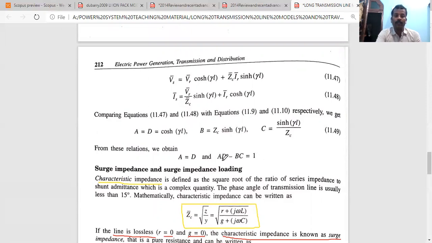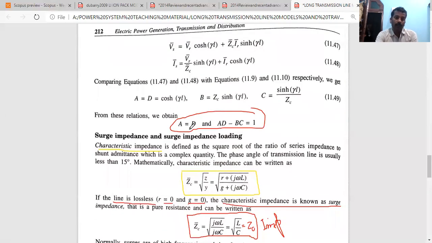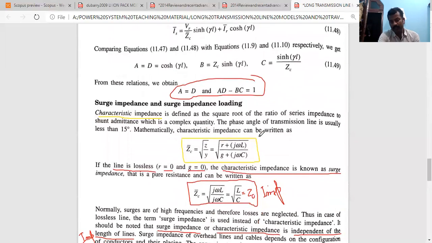If we multiply A and D, and B and C, their difference will be equal to 1, right? We have to remember this condition. For a long transmission line, and also for a short transmission line, the A parameter will be equal to the D parameter, and AD minus BC, the product of their diagonals and their difference, will be equal to 1.